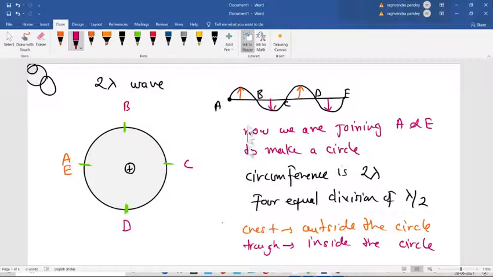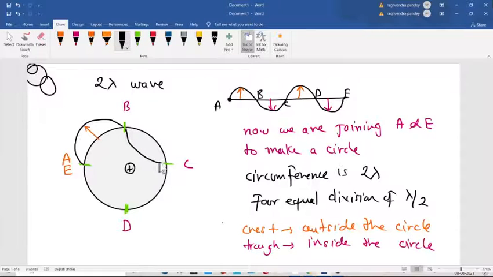Now A to B, we have crest. So I'm making the crest, that is your crest. Then B to C, trough. Trough is inside the circle, so I'm making it inside the circle like this. Sorry, use the black one.